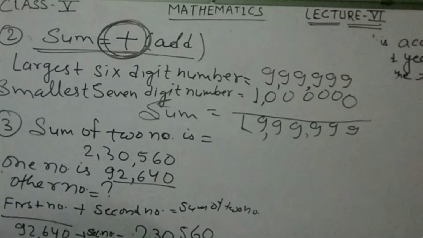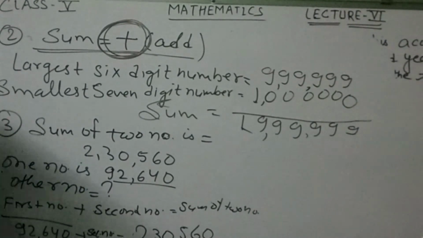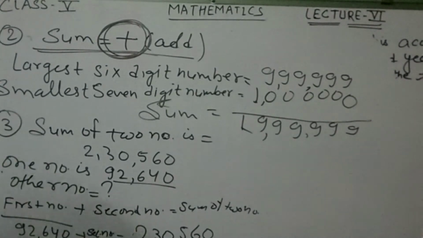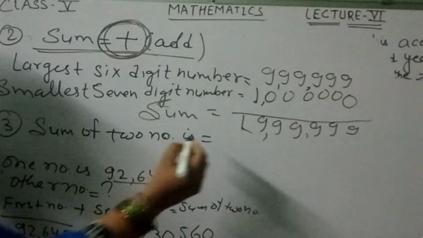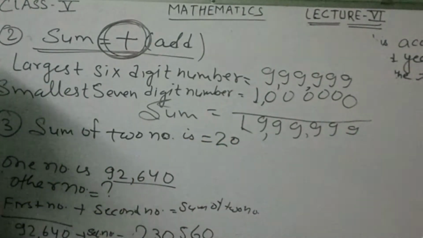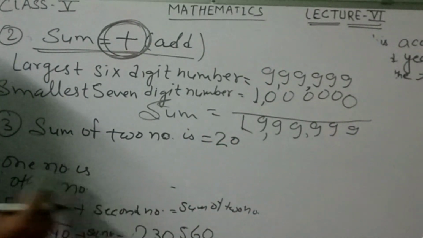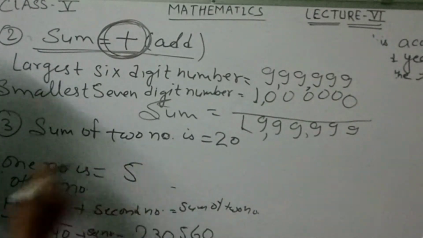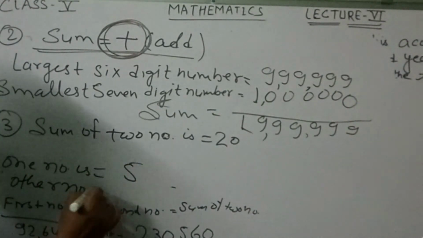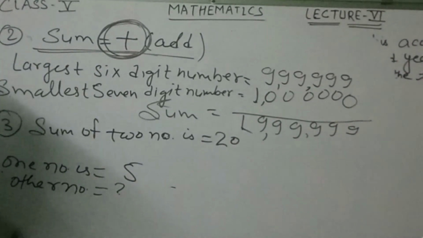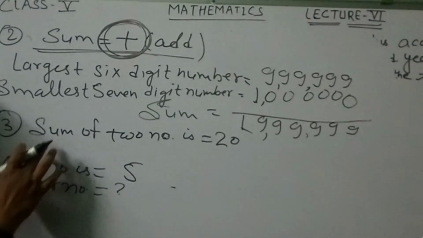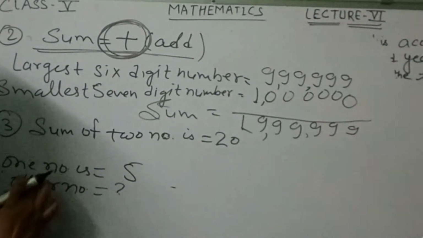Students, I will take small numbers and explain to you. Suppose I tell you the sum of two numbers is 20. Don't take a big number. If the first number is 5, then what is the other number? One number is 5.